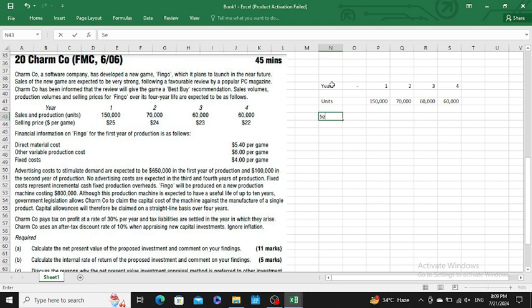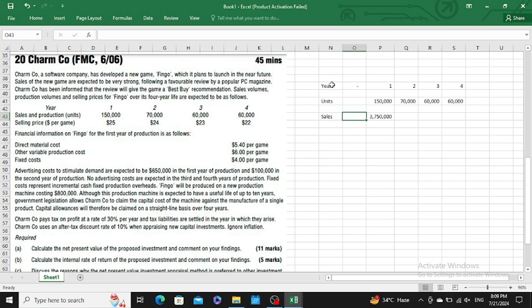The selling price, I think I should calculate the sales directly rather than indirectly. The sales for the first year are as follows. The rate given for the first year is 25 into the number of units. It would be 3,750,000 for the first year.